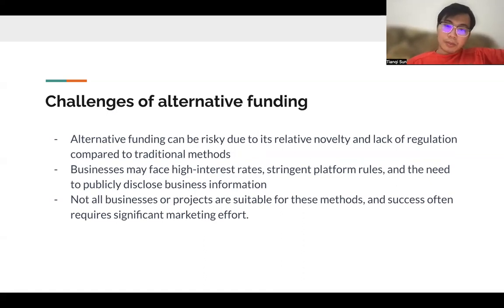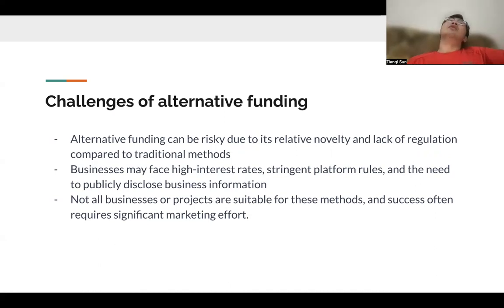Then they end up pulling a Ponzi scheme or something like that and it falls through because of these funding methods. So they just end up going to jail and doing unlawful stuff. So don't do that. And businesses may face high interest rates and platform rules.